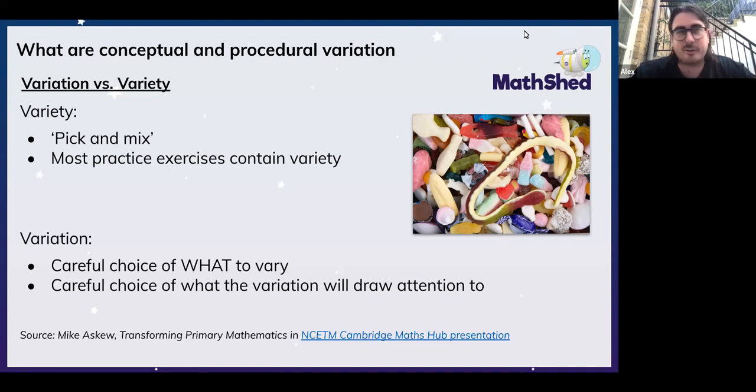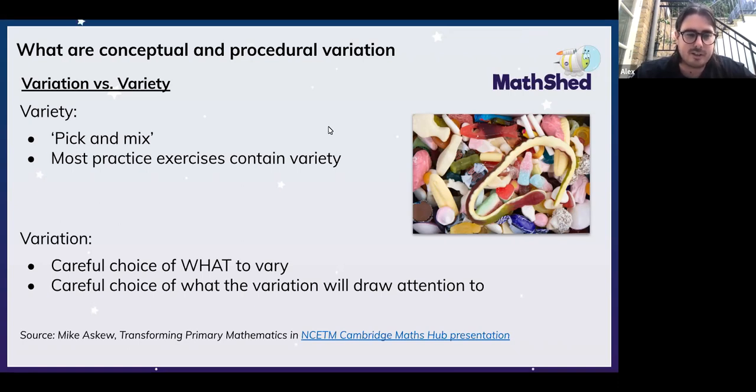There are just lots of different questions. You can have any worksheet you can download from anywhere, or a textbook, and you'll have variety of questions, but you won't necessarily have variation.